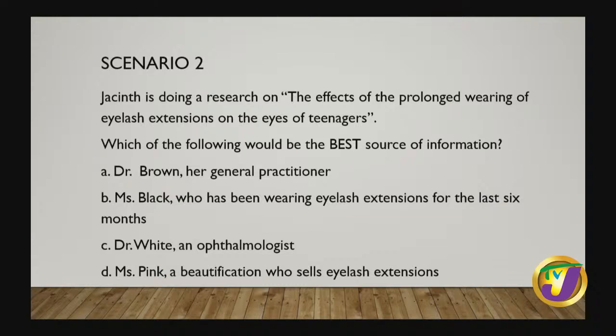Is it A, Dr. Brown, her general practitioner? Is it B, Miss Black, who has been wearing eyelash extensions for the last 6 months? Is it C, Dr. White, an ophthalmologist? Or is it D, Miss Pink, a beautician who sells eyelash extensions? Best source of information for a topic of this nature.